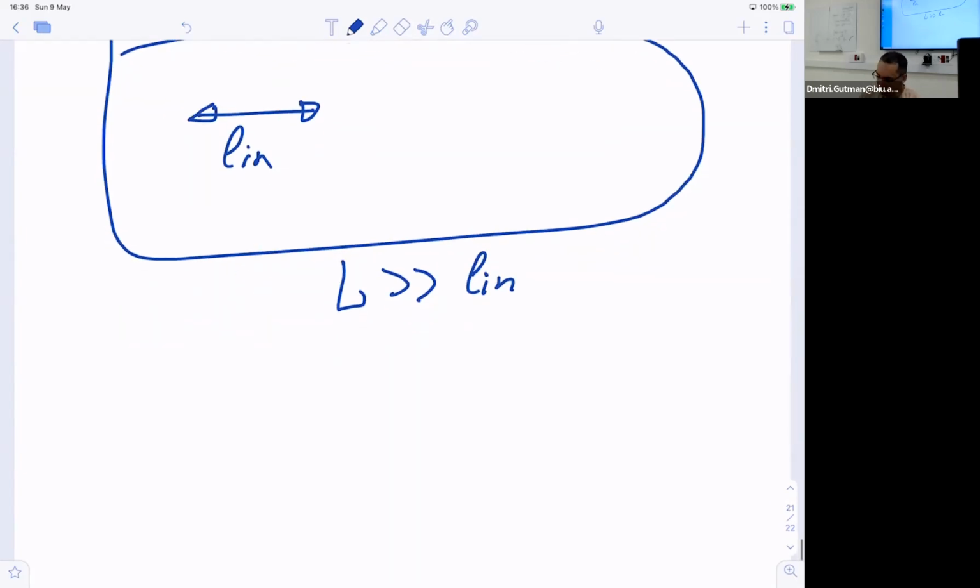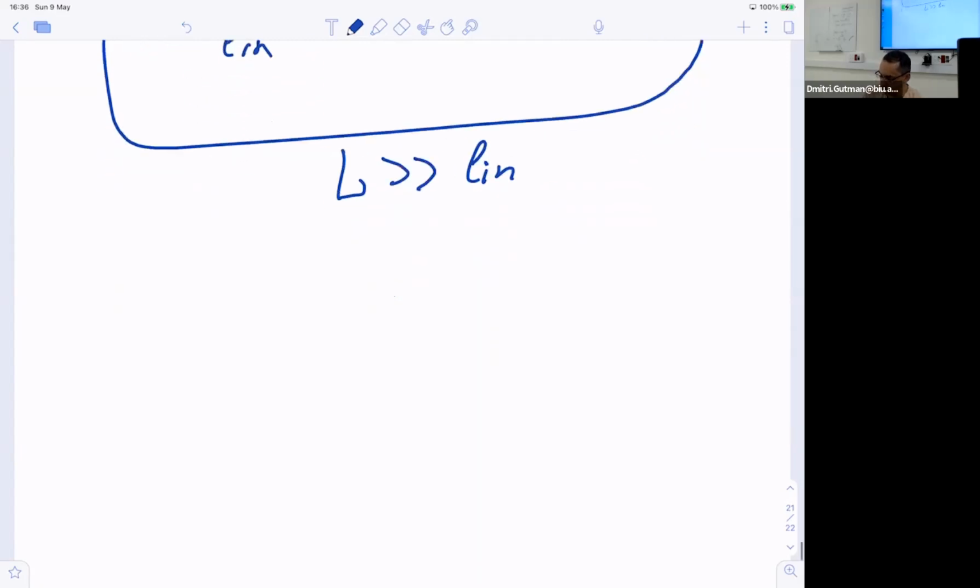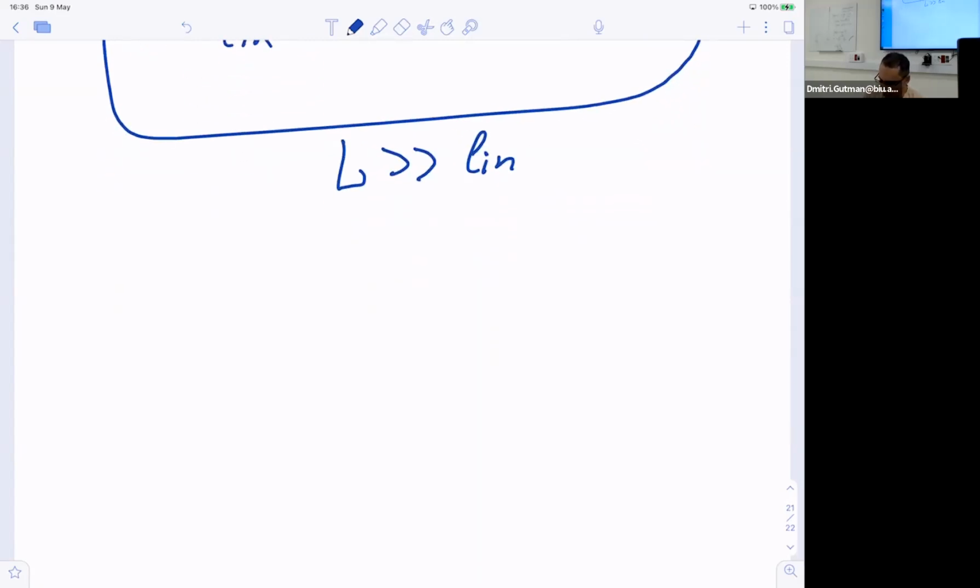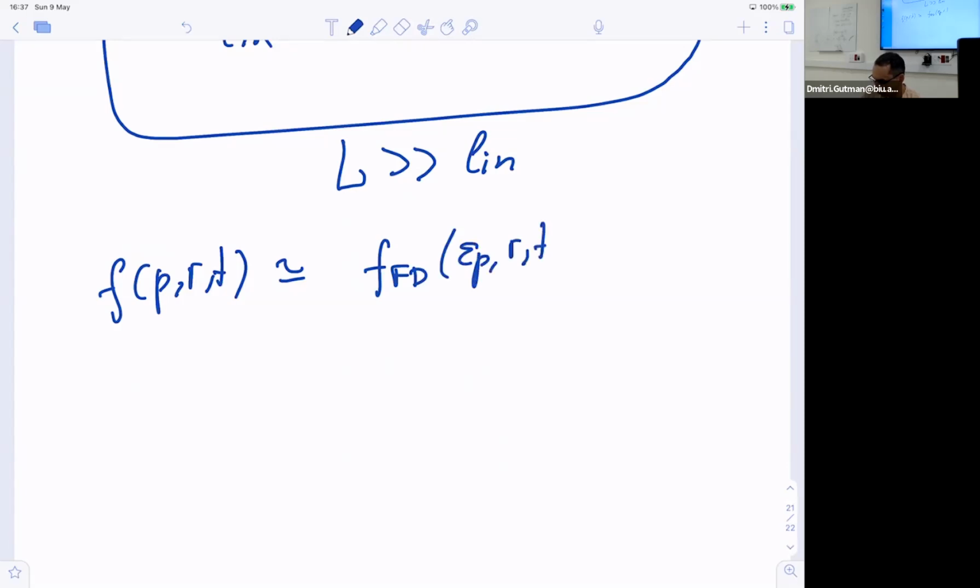It means that the collision integral is the most dominant part of the Boltzmann equation. And it means that when we attempt to solve the Boltzmann equation, we must first of all nullify the collision integral. So the solution of the Boltzmann equation in this case will be roughly an equilibrium solution plus a small correction.